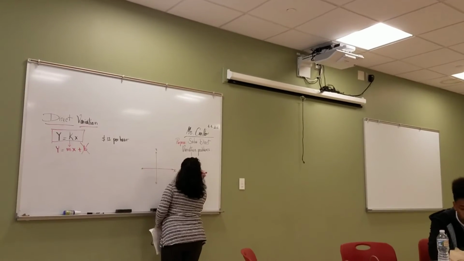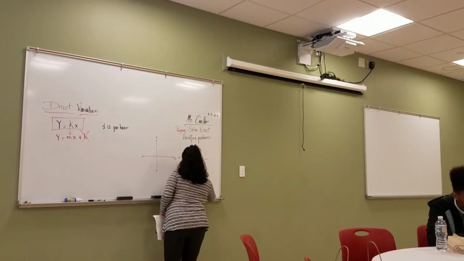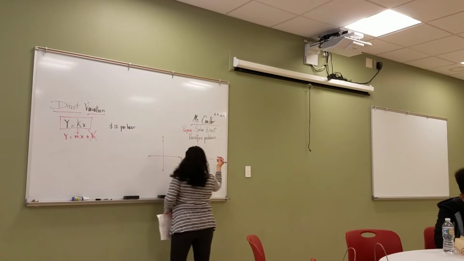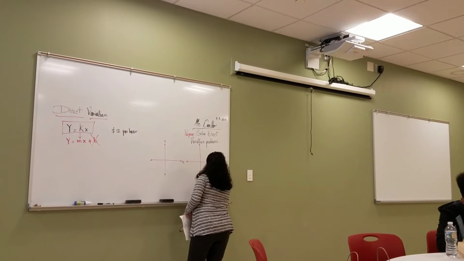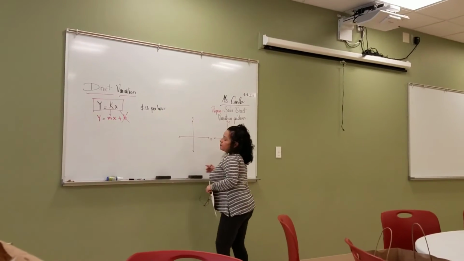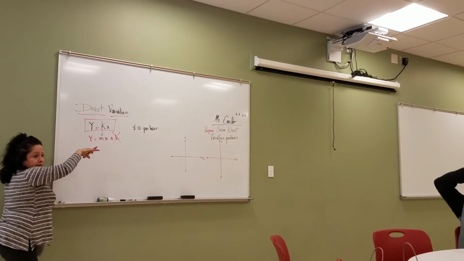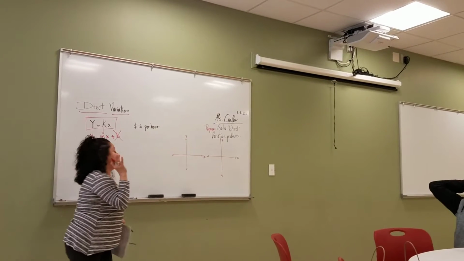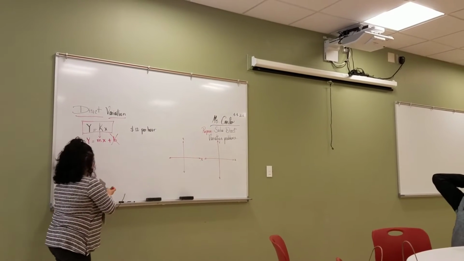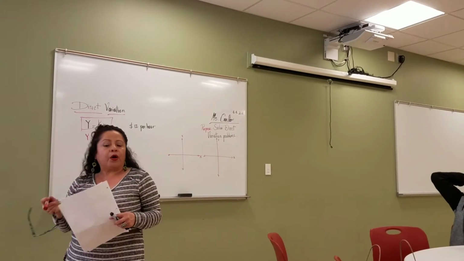I'm going to use this to show you what the graph of a direct variation equation looks like. And the difference between this and the equation of straight lines is that all of the equations for direct variation are going to go through the origin.